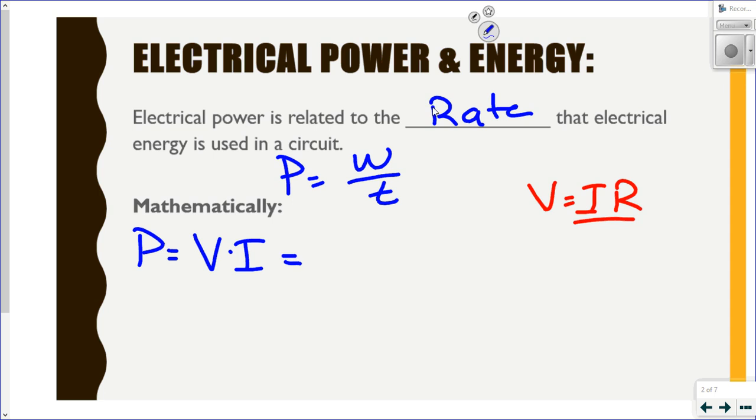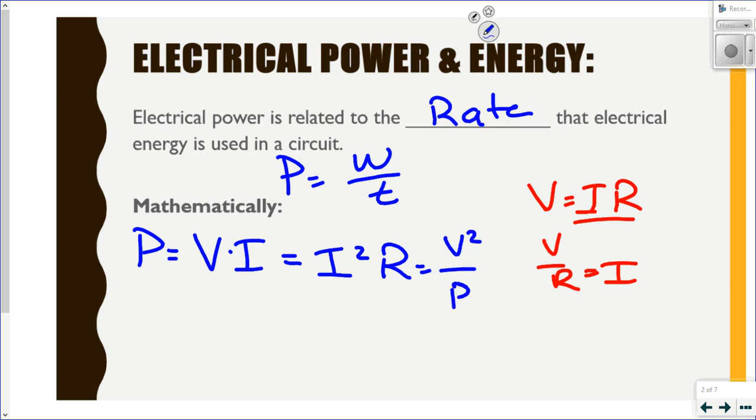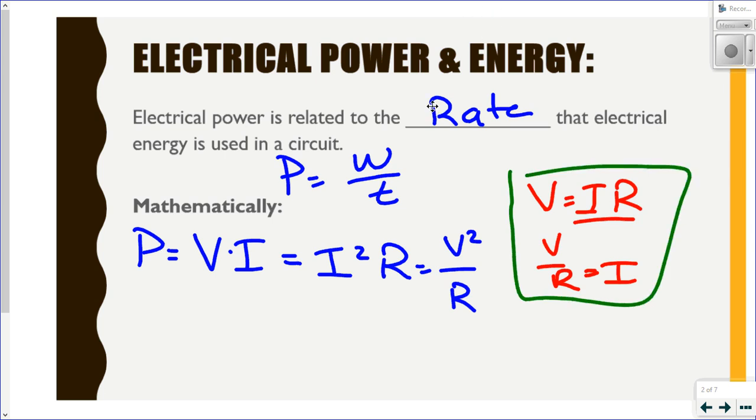If we substitute out V for IR, we end up getting I times IR, which is actually I squared times the resistance. But then we also know that you could solve this around and solve it for I and get V over R equals I. Well, then I can plug this in for I, and I end up getting V squared over R squared times R, which will even out to be V squared over R. So I've gotten this nice long power equation from these two previous equations that we knew.